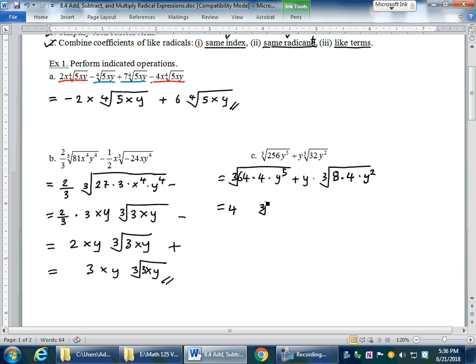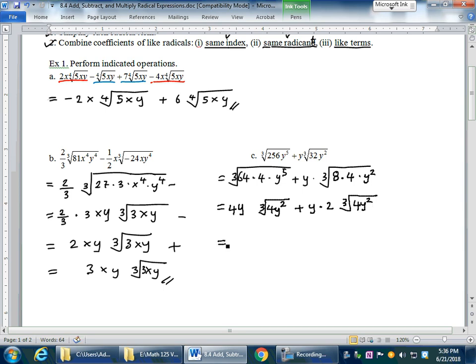So inside the cube root, 4 is left over. Now the variable y has exponent 5, so 3 goes into 5 one time, so y comes out, and y to the second power stays inside because the remainder is 2. Plus y times cube root of 8 is 2, so inside the cube root it will be left with 4. Since the exponent of y is smaller than the index, we cannot simplify, so we'll just write it down.